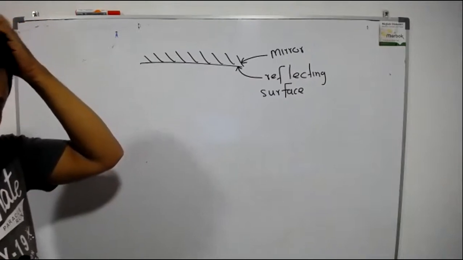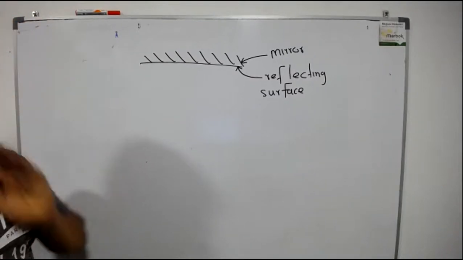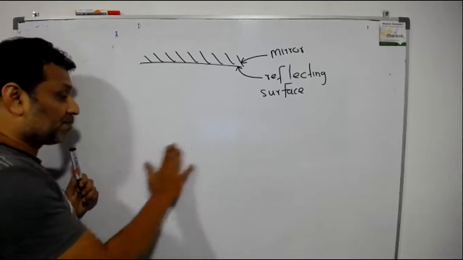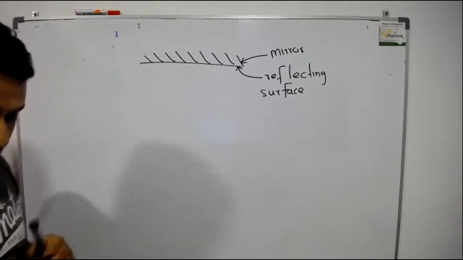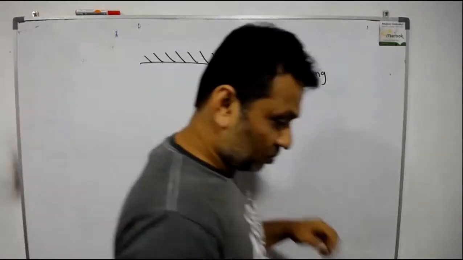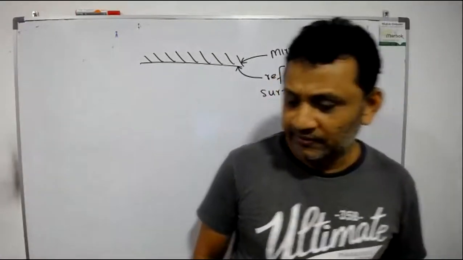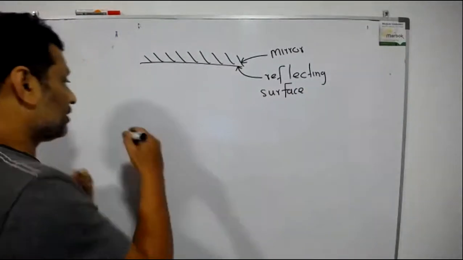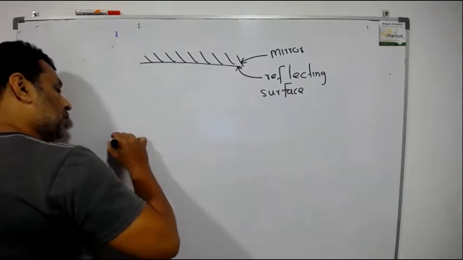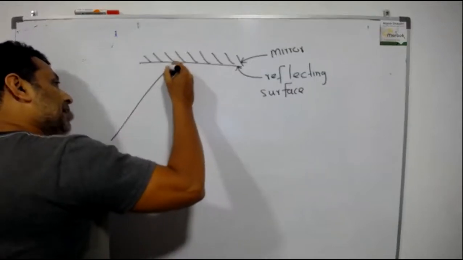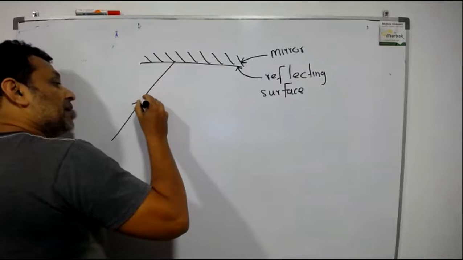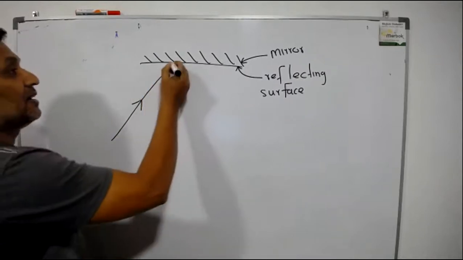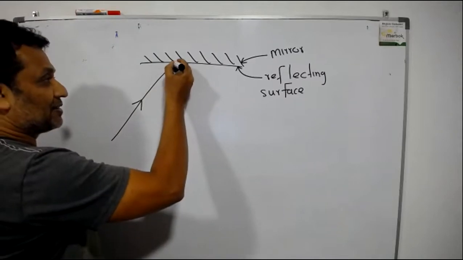Okay. Have you marked it? Okay. Now, my children, you are sending a light ray in this manner onto this reflecting surface.